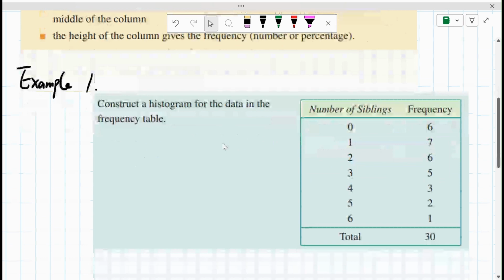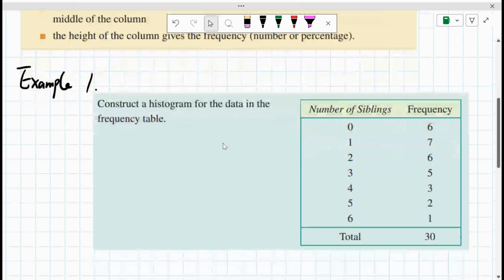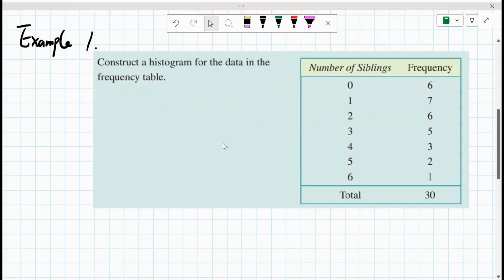From previous videos we've been doing examples with assembling. Now they're giving us the frequency table, so we can make that happen.